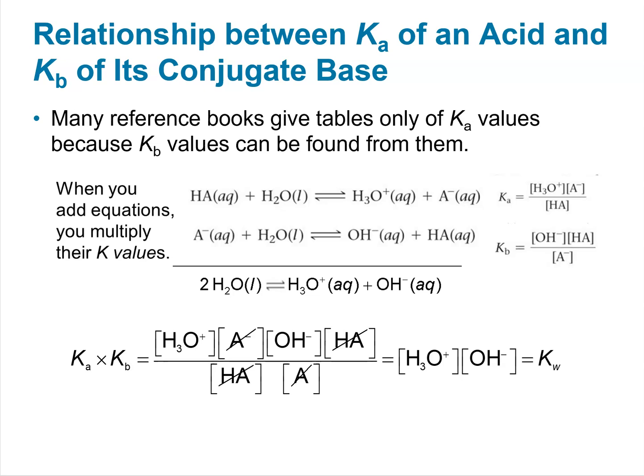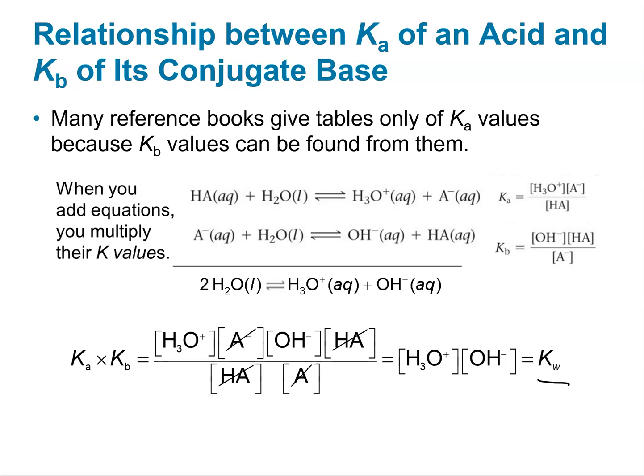So let's look at this relationship between the Ka of an acid and the Kb of its conjugate base. I think this is just going to be a proof of concept. Many reference books only give Ka tables. So if you're looking for Kb's in tables, you're not typically going to find them, because the Ka defines the Kb fundamentally through Kw.